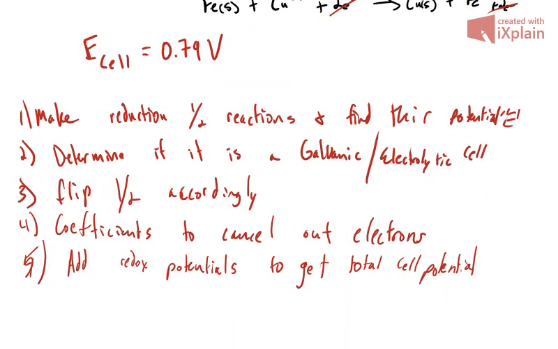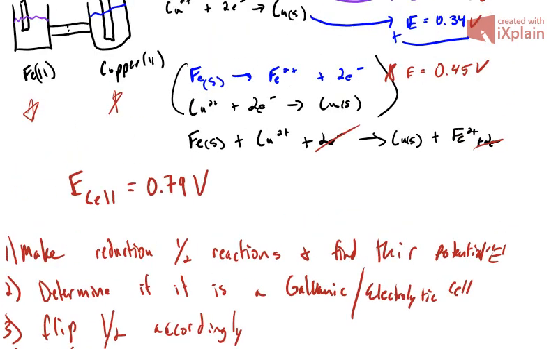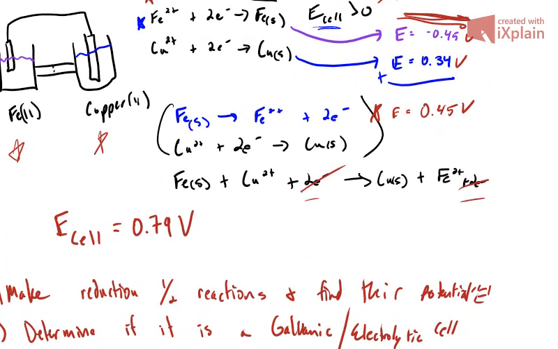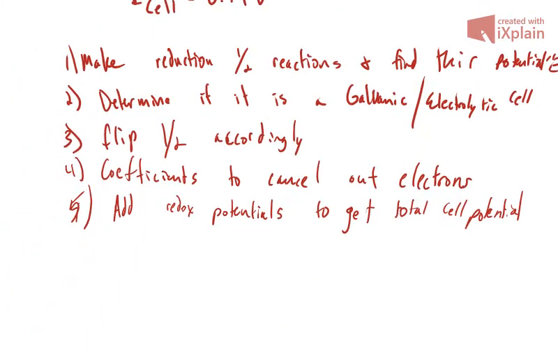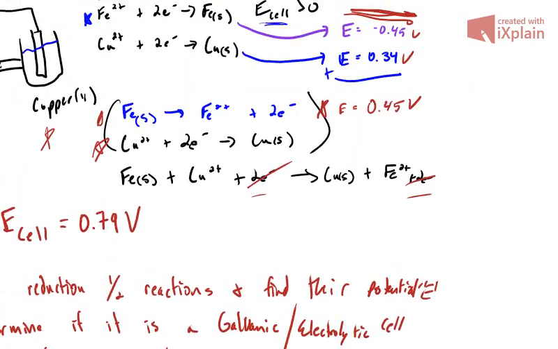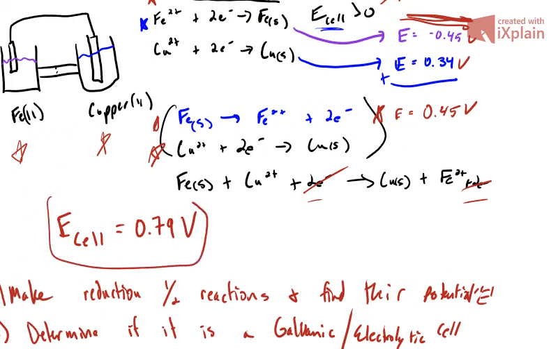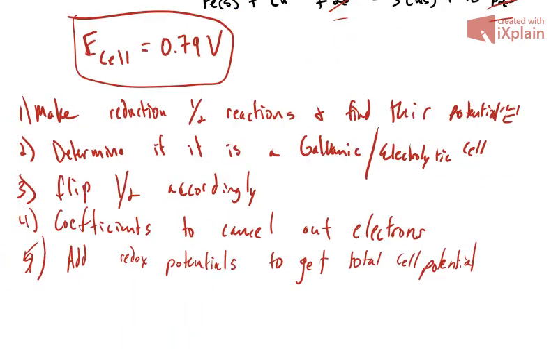That told us which reactions we were flipping. Coefficients to cancel out electrons: we need to make sure that our number of electrons cancel out. And if they don't, then you have to put coefficients in the half reactions to make sure that they do. And then finally, you add their redox potentials, like we did here, to get the total cell potential. Let me check my notes. Cool. That is it.